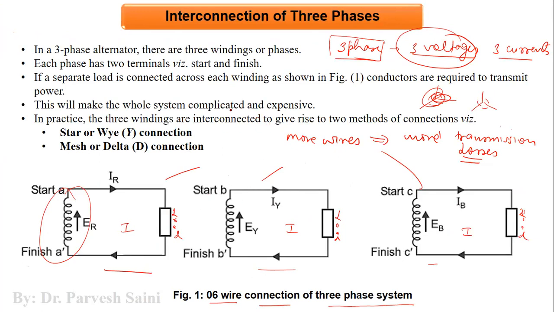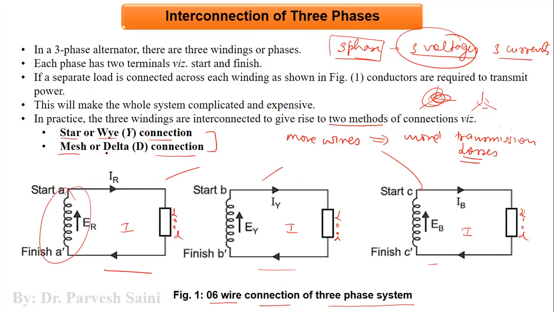So this complexity and expensiveness of this arrangement, which is used as a three-phase arrangement, is reduced by reducing the number of wires. This can be done by using either of the two methods mentioned here, the star connection and mesh or delta connection. Star connection is also known as Y connection.